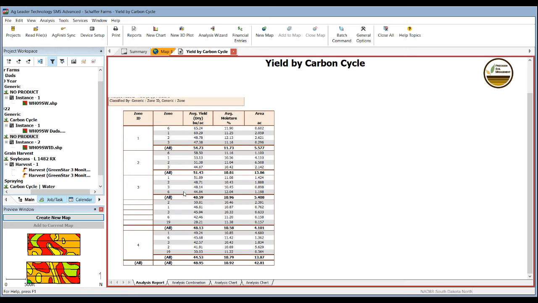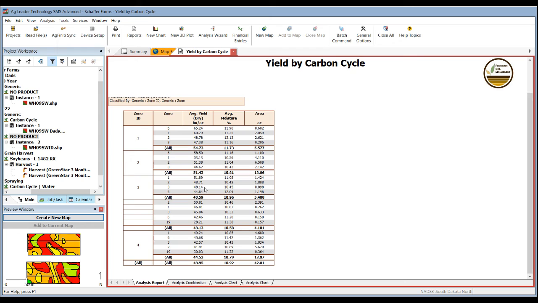Now the southern one, where I know the history of the field is not as productive, the Carbon Cycle in zone 1 was 51.9, and in the non-Carbon Cycle was 49.2. Zone 2 in the Carbon Cycle was 48.7, and in the non-Carbon Cycle was 41.9.